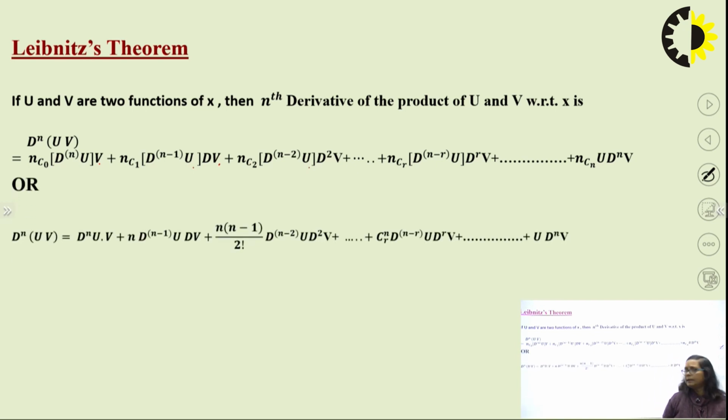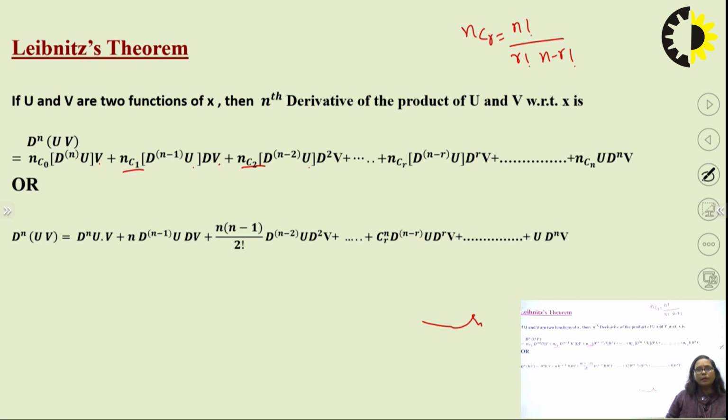Now if I expand nC1, nC2, nCr, they are nothing but, if you remember, nCr is n factorial by r factorial into (n minus r) factorial.